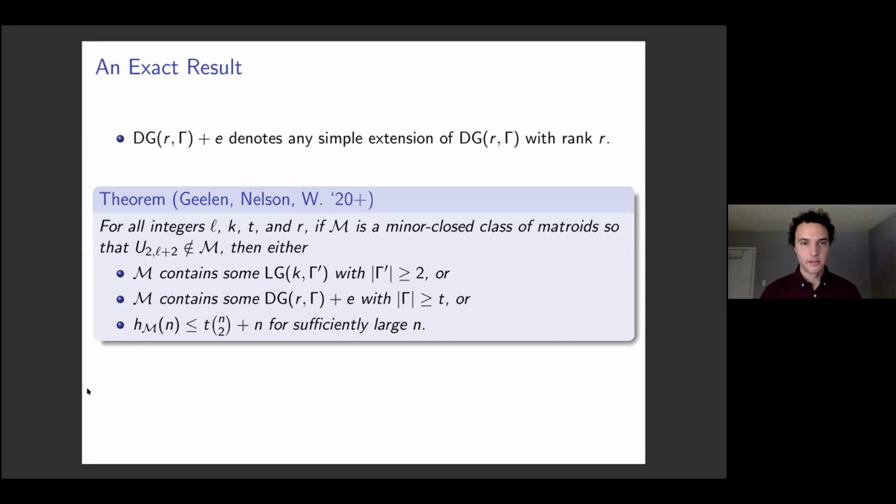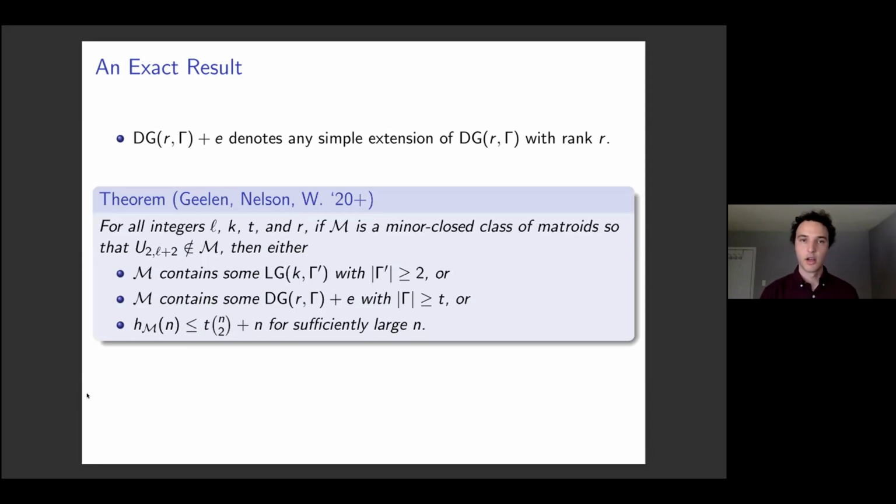Okay, and the reason this is nice is because if this class M does happen to contain Dowling geometries over a group of size t, then those matroids will meet this bound. Those Dowling geometries would be extremal for this class M.